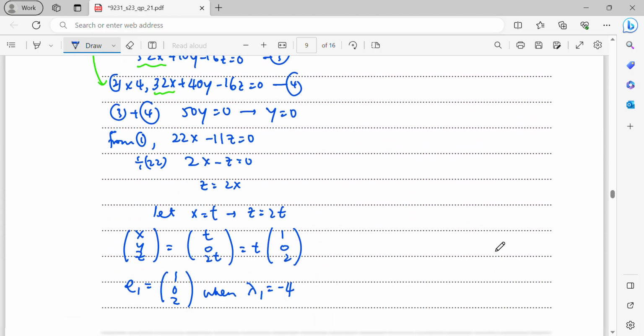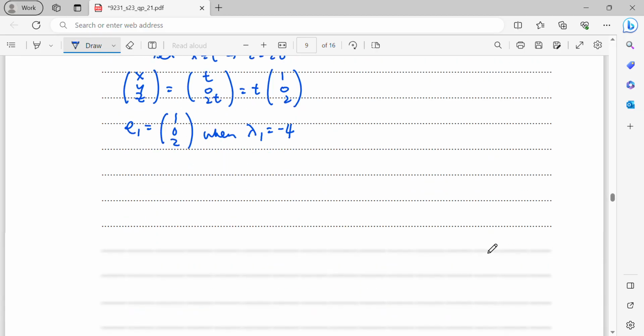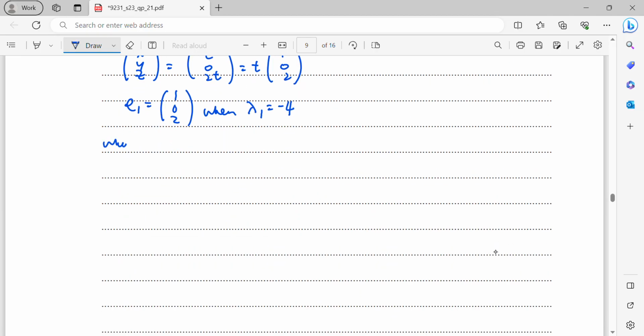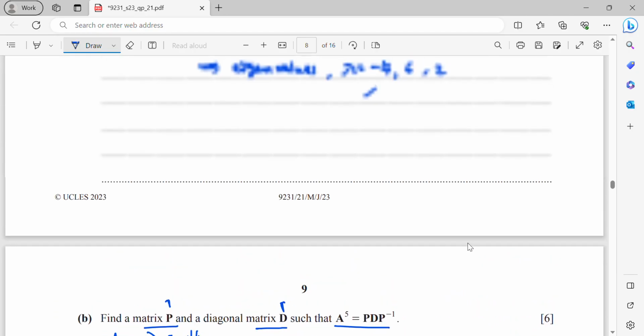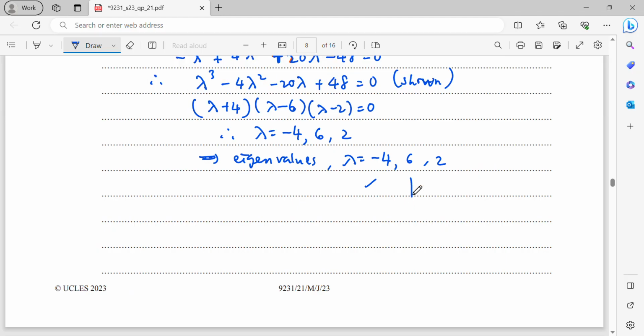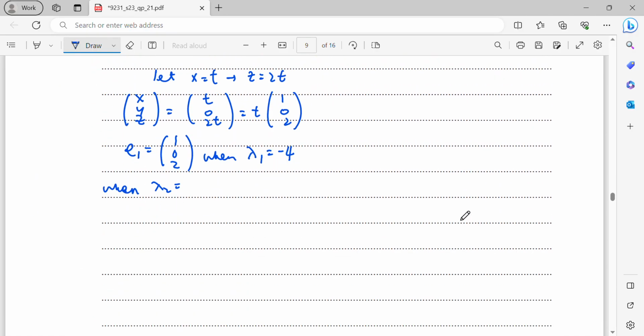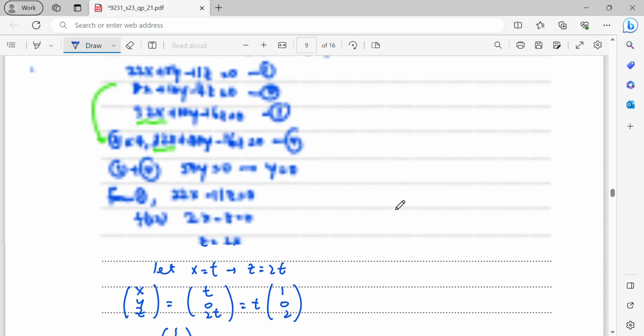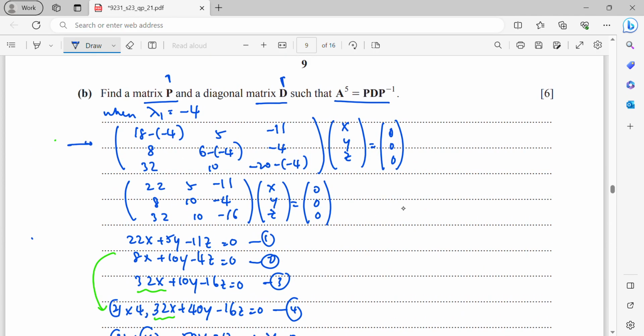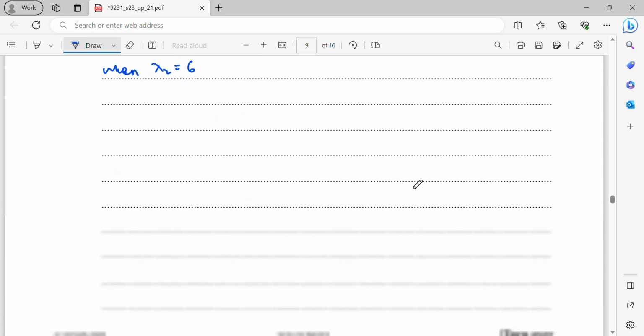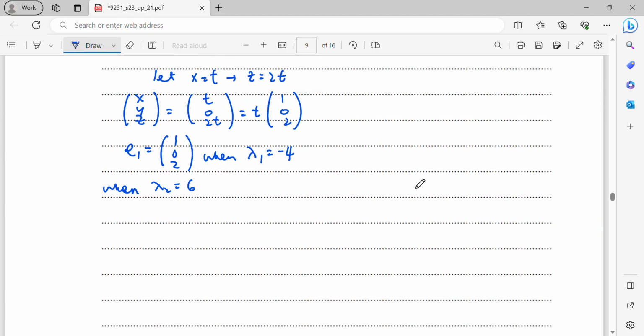So I will repeat. Now lambda 2, the next eigenvalue, is 6. By referring to this matrix, you just change the value inside the bracket to 6. So I will get 18 minus 6, 5, minus 11.